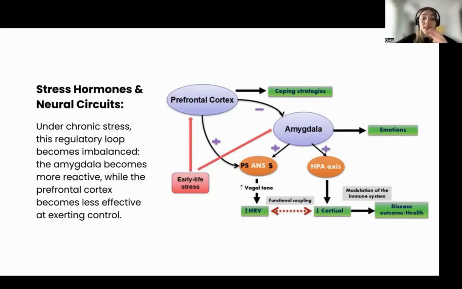And under chronic stress, this loop that we see here, this is basically a regulatory loop, the amygdala dominates the whole system, while the regulatory control, which is the main control center, is weakened, particularly in the developing brain, because as I've mentioned in the previous slide, it's still skewed in the developing brains. And so it is important in terms of the neural circuits how stress might affect them. And when the amygdala gets dominated, we see dysregulation amongst the other brain regions. So again, I highly encourage you to pause and analyze this chart a little bit more.